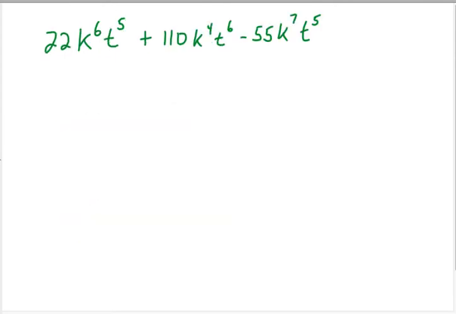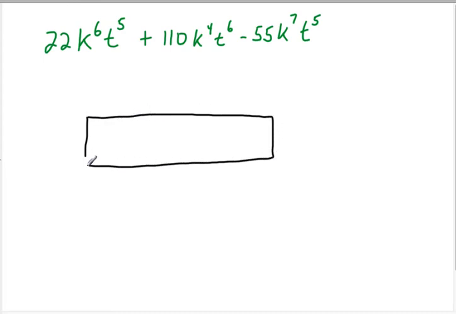Okay, and some of them get a little more challenging and they have more terms in them. And you don't actually have to use the box method, but I find it nice in the beginning to get everything figured out, so we'll keep doing it for a while. So I'm going to make this a little wider since we have 3 terms.